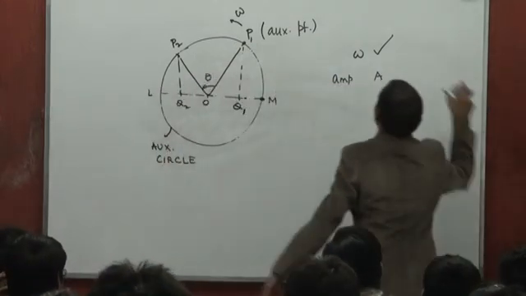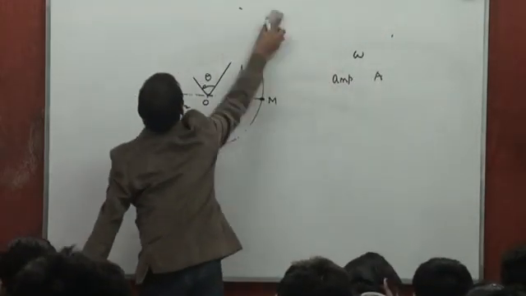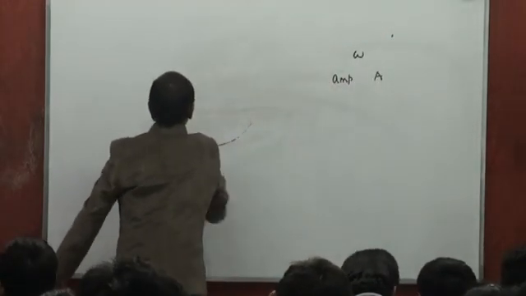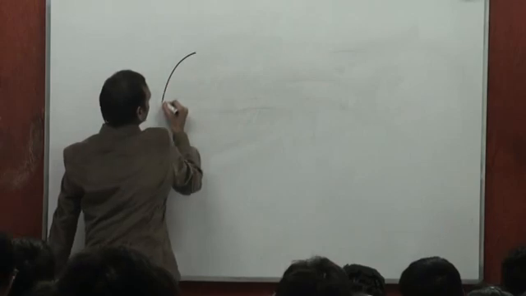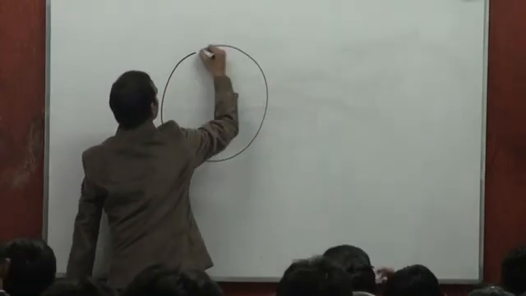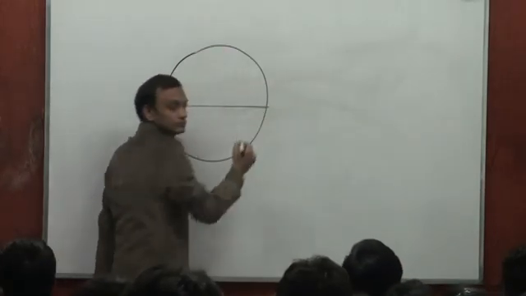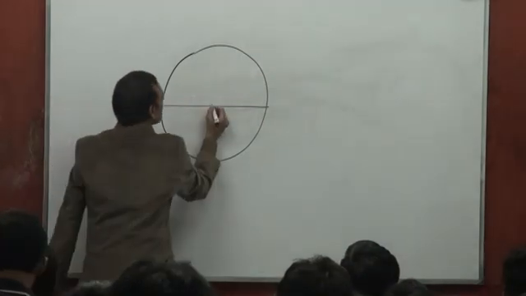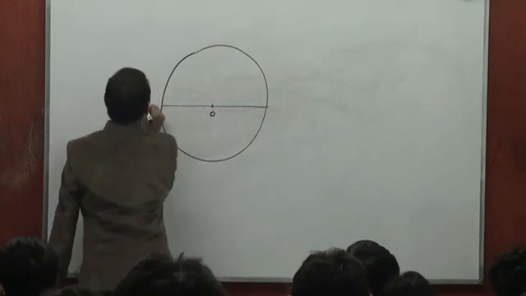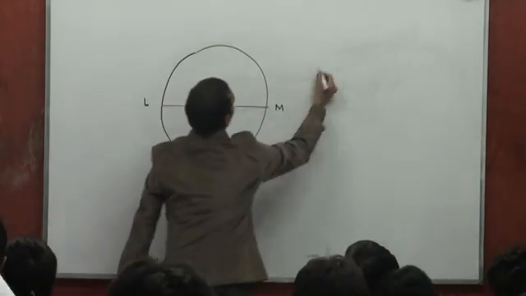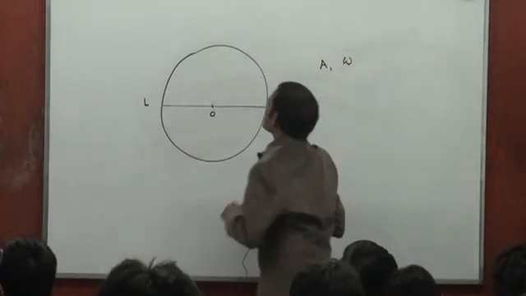Now, evidently then, say, there is a particle executing SHM between limits L and M with amplitude A and angular frequency omega.